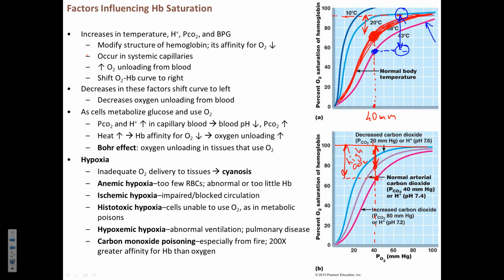Oxygen levels go down, because the tissue is using oxygen for ATP synthesis, oxidative respiration. Oxygen is used to burn carbohydrates, producing which gas? CO2. So CO2 levels go up.